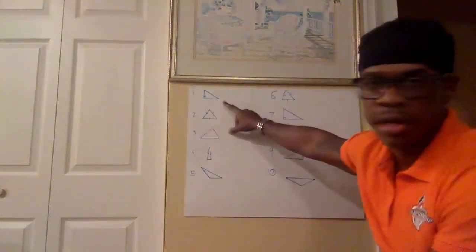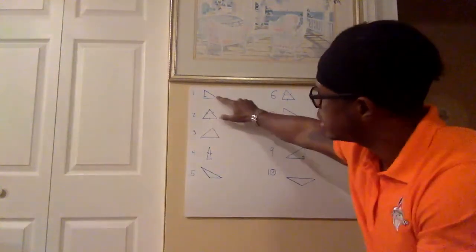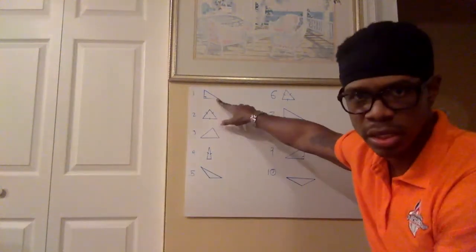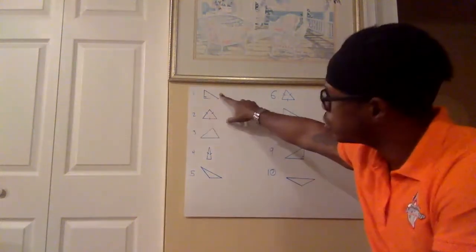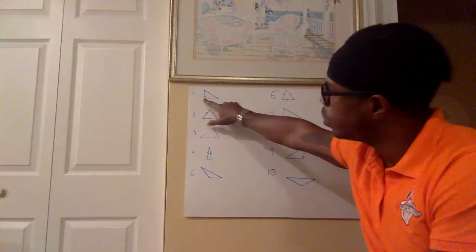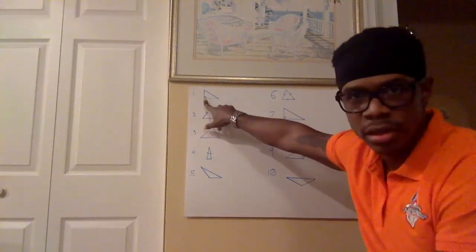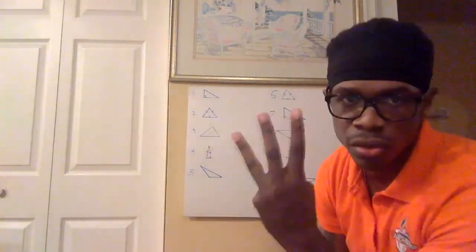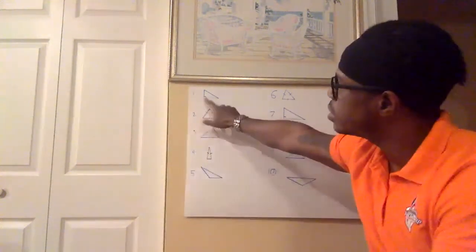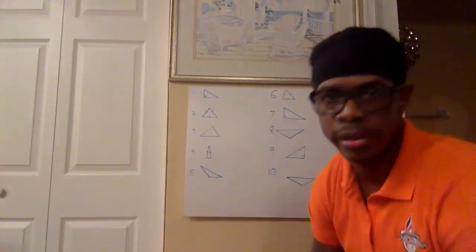Why would I be incorrect? Because right here, this is less than 90 degrees. That's an acute. That's good. Right here is less than 90. That's also good. But when we go right here, we see that little box. We know that that's 90 degrees. Acute angle has all three less than 90, but this is 90, making that a right angle triangle.